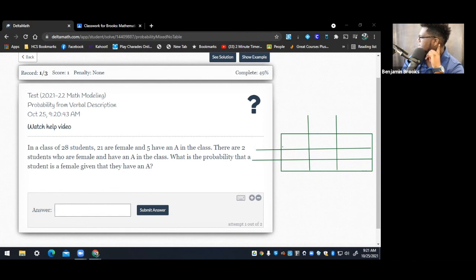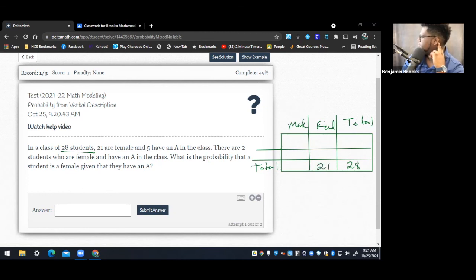In a class of 28 students, so there's 28 students total. 21 are female. So you've got male and female.